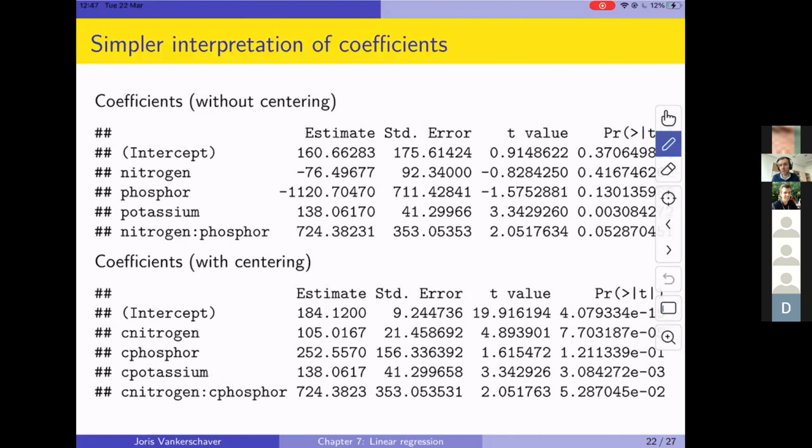But if we do the centering, then you have to keep in mind my model is now in terms of these centered variables. So if I want to do prediction, or interpret my slopes, I have to retransform by adding the mean before I take these coefficients at face value.